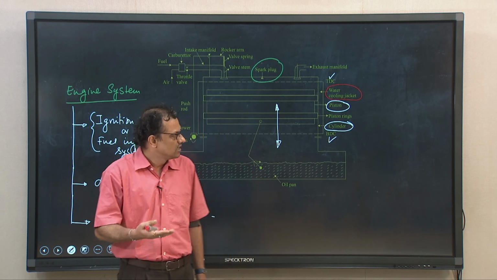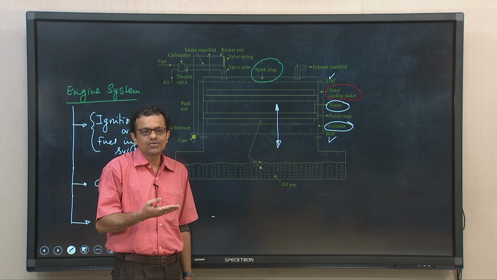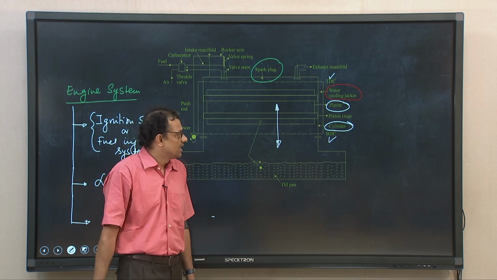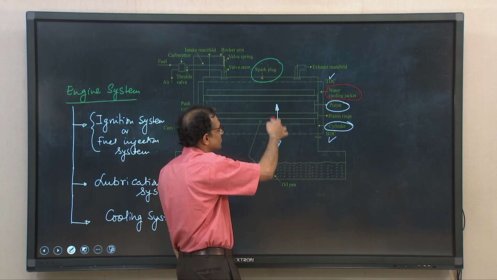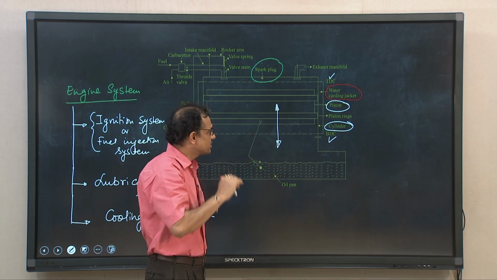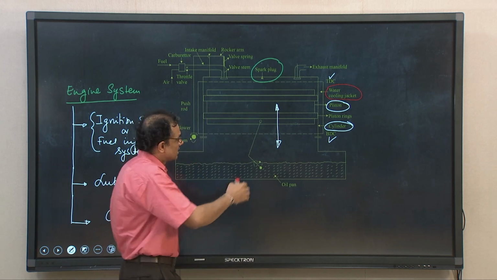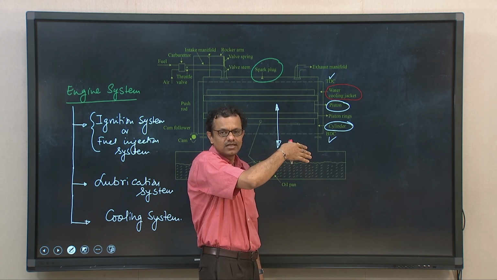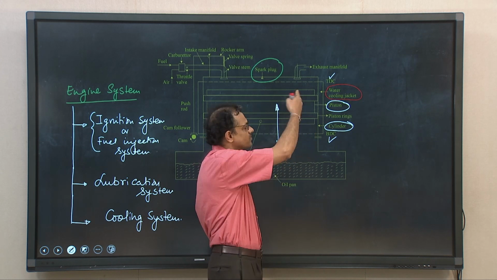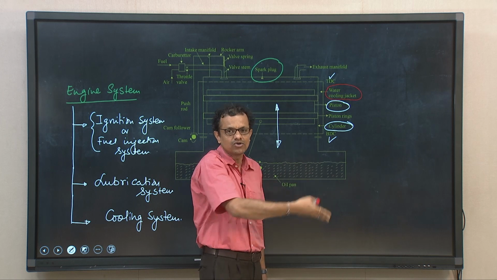And you all know from an exothermic reaction heat would be liberated, and that heat will allow the reciprocating motion of the piston. Now, the question is, is it possible to utilize the whole heat produced because of this combustion into the equivalent amount of work?